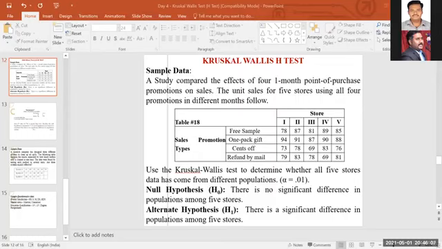Right skewness means in your research work the respondents have given only positive answers, strongly agree, strongly agree, strongly agree. That is also a problem for research work. And if all the respondents give only strongly disagree, that is a left skewness.